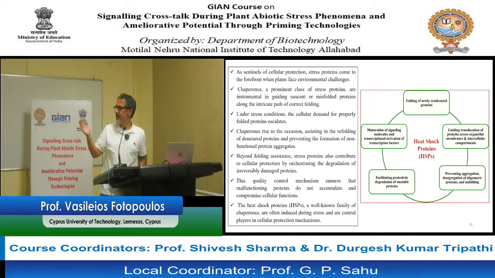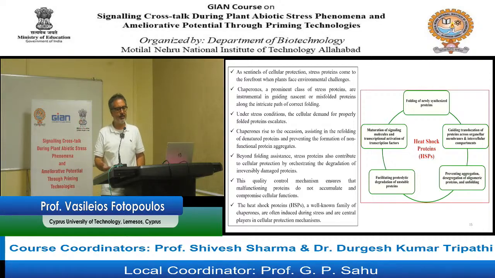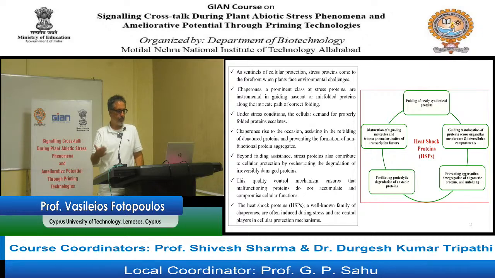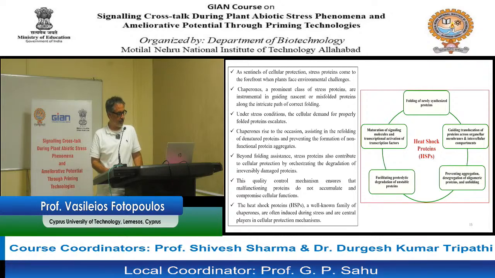So this quality control mechanism ensures basically that malfunctioning proteins do not accumulate and compromise cellular function. So HSPs, which is a very well-known family of chaperones, are often correlated and induced during stress and are central players in this cellular protection mechanism.